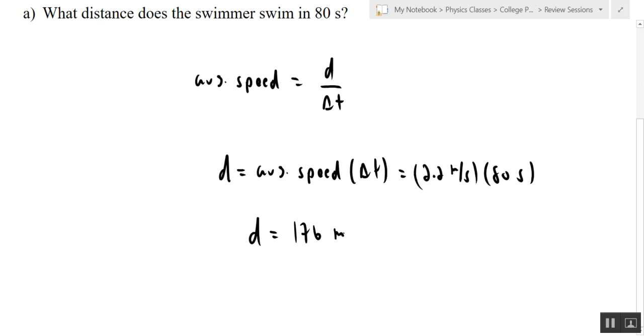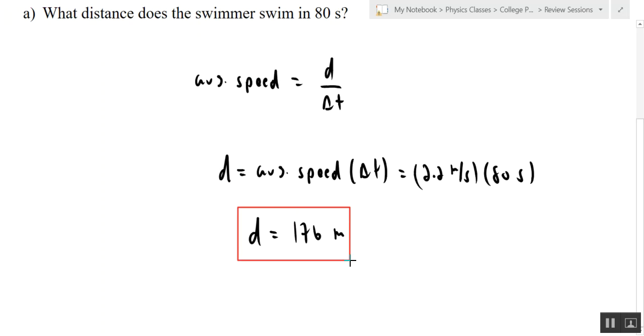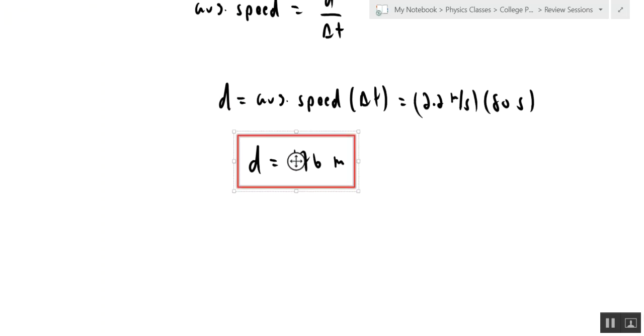So he's not quite finished with the race, because the race is 200 meters, correct? He's not quite back to the point he started from. So the next question is, all right, I guess I have to draw a little sketch to make it clear exactly what I'm asking.